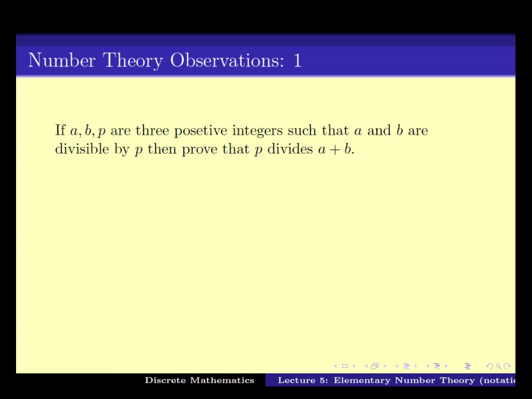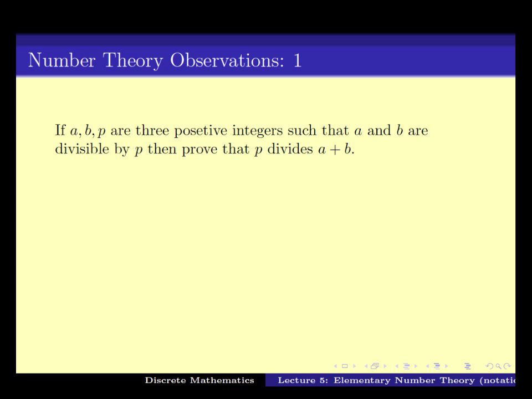If a, b and p are three positive integers such that p divides both a and b, that means p divides a and p divides b, then we can show that p divides a plus b. So let's see why this is true.